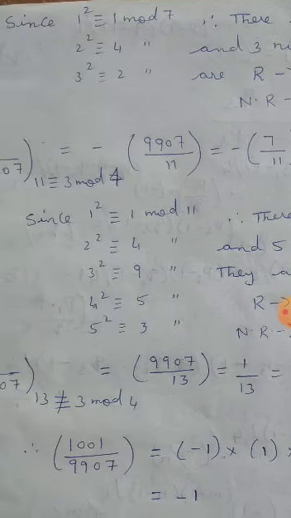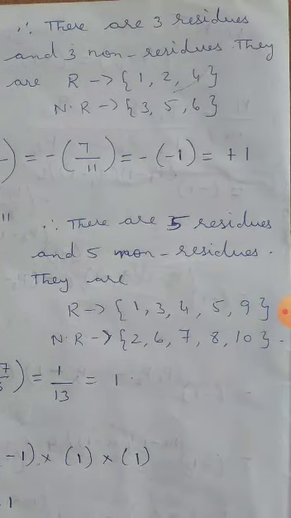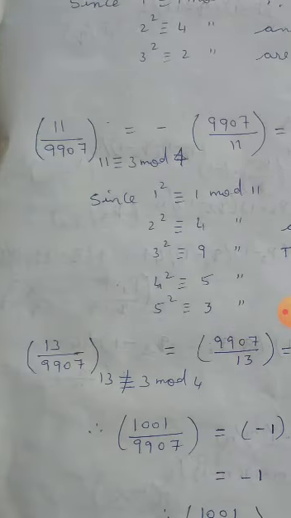Here 1 square is congruent to 1, 2 square 4, 3 square 9, 4 square 5. If the value is greater than the mod, you have to divide and give the remainder as the answer. 11 means there are 5 residues and 5 non-residues. The residues are 1, 3, 4, 5, 9 and non-residues are 2, 6, 7, 8, 10. So we have 7 as a non-residue. So minus of minus 1 is plus 1.